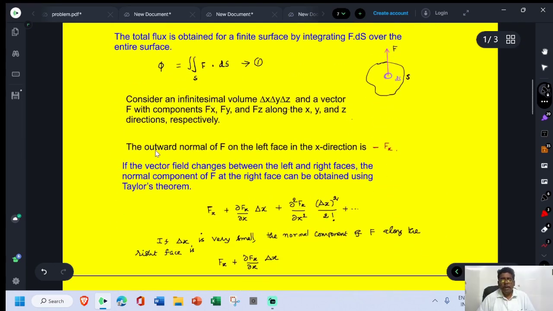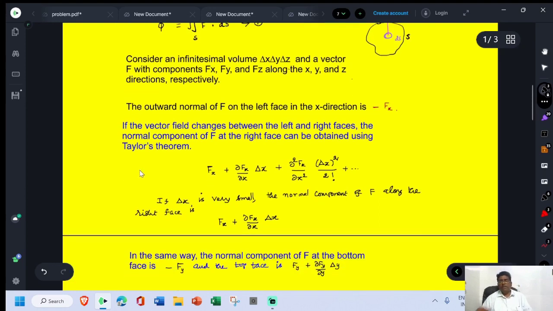See this, the outward normal of f on the left face in the x direction is minus fx. If the vector field changes between the left and the right faces, the normal component of f at the right face can be obtained using Taylor's theorem. See, this is fx plus ∂fx/∂x into delta x by 1 factorial plus ∂²fx/∂x² into delta x squared by 2 factorial.